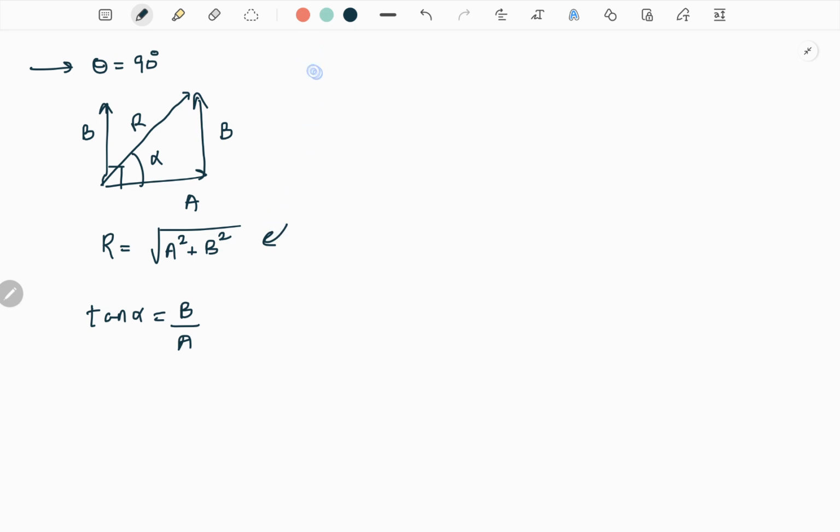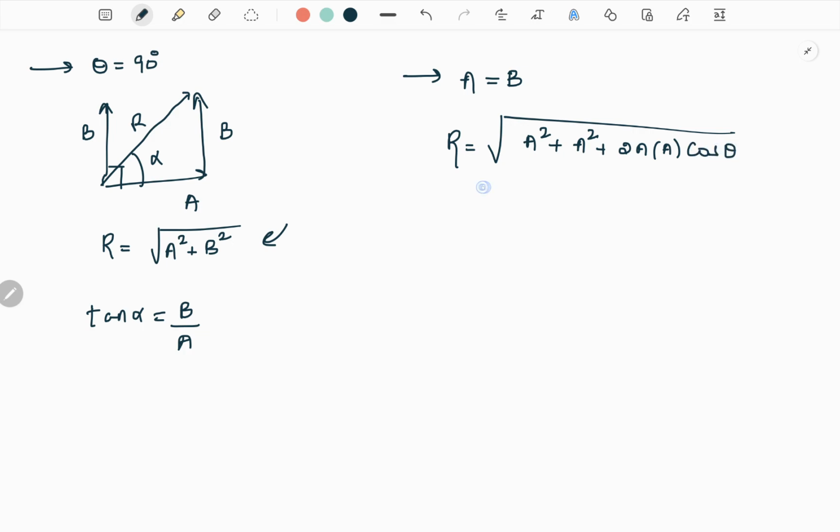Let's take a general case where a is equal to b. If we are trying to find the resultant of two vectors a bar and b bar, and their magnitudes are equal, then if we simplify, we get root of a square plus a square, in the place of b also I can write a, plus 2 into a into a into cos theta. So r is equal to root of 2a square plus 2a square cos theta.